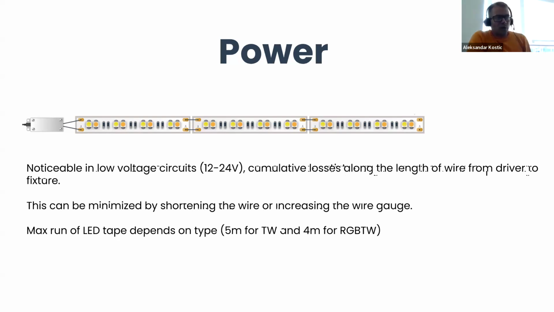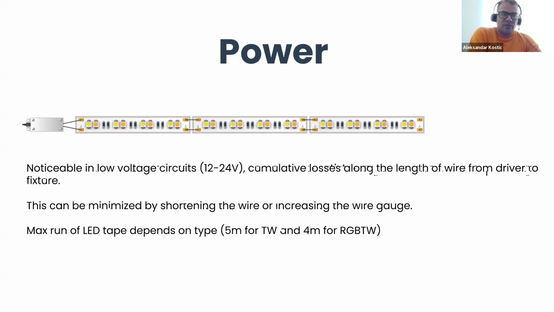Also regarding the power, we have one important parameter specified for each LED type, and it is called the max run. That means the maximum length of the LED tape without a power supply. This parameter tells us after how many meters we need to add a power injection in order to keep the whole LED tape equally powered.